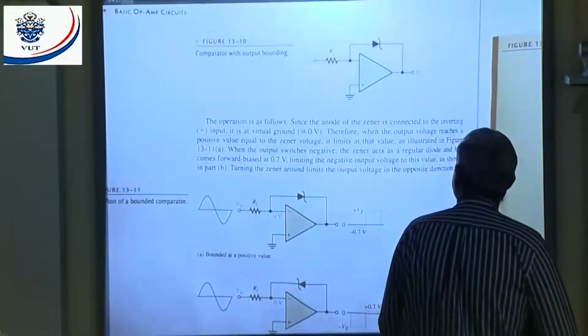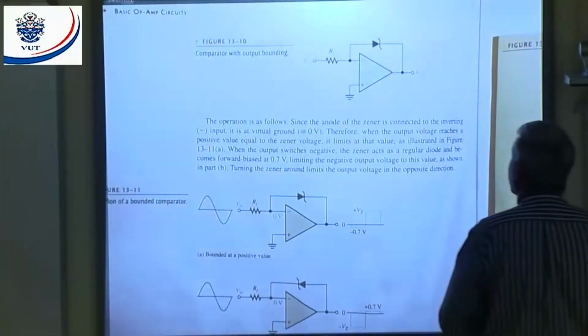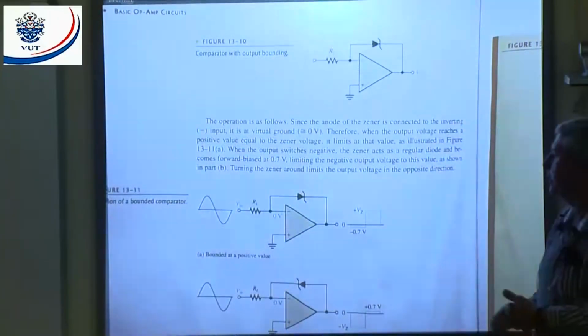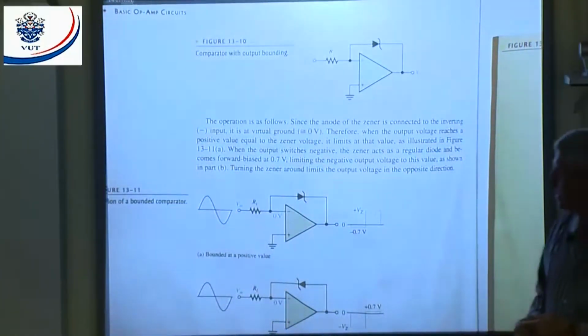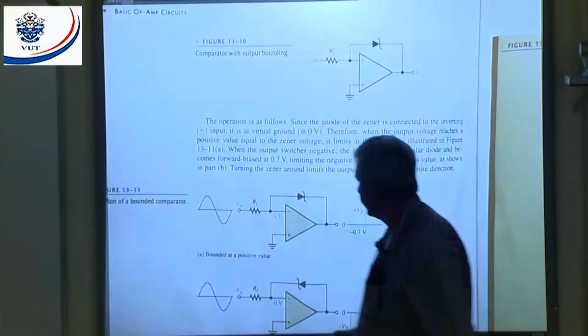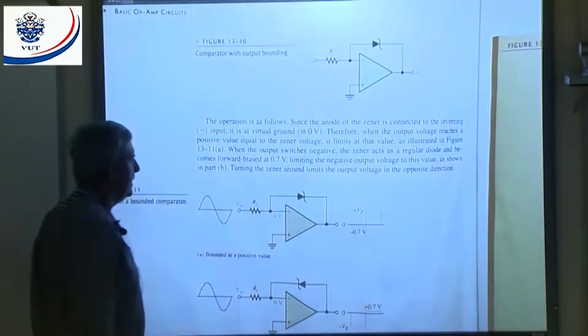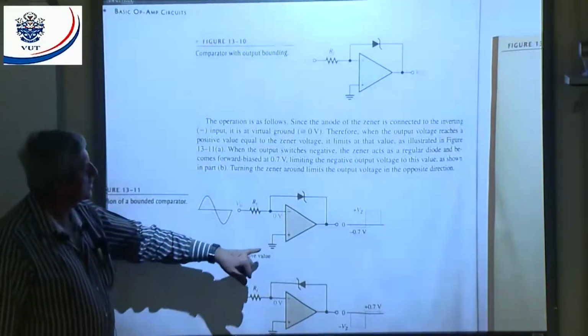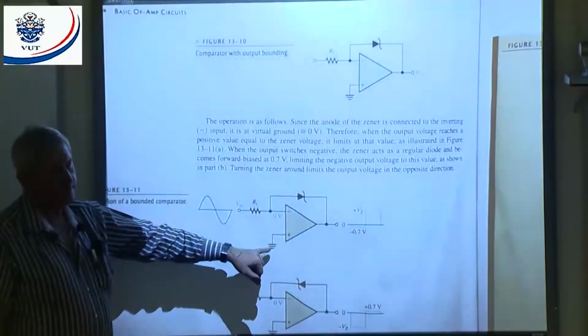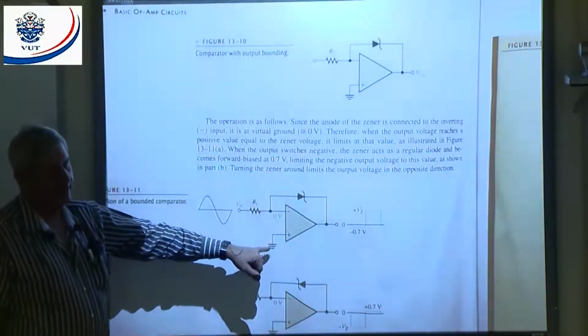All right. Output bounding. Let's quickly explain this. What's happening? In this circuit, what is my reference? 0. All right. My reference is 0. Now I apply this input sine wave.